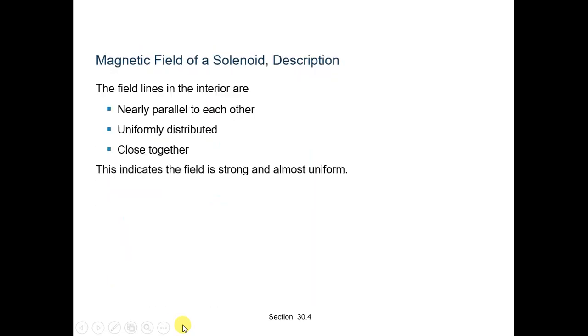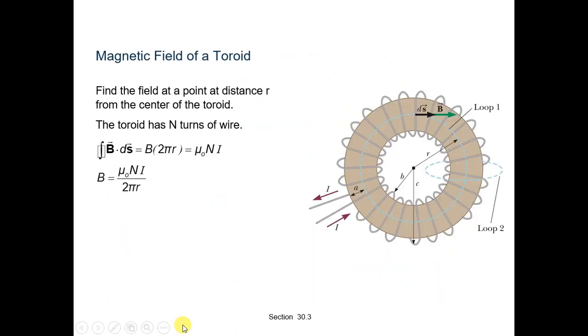Now see here, our toroids. A toroid is a hollow circular ring on which a large number of turns of wire are closely wound. It can be viewed as a solenoid which has been bent into a circular shape.